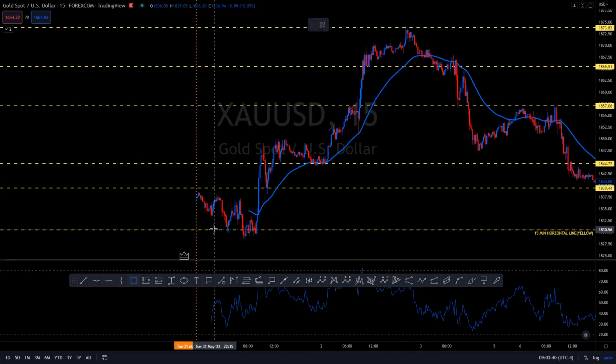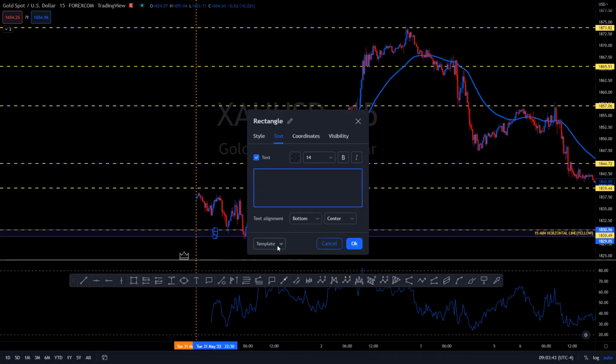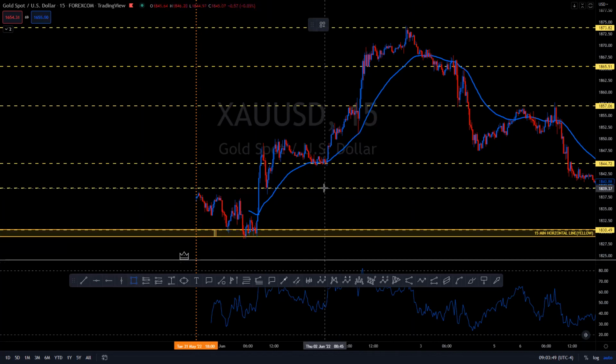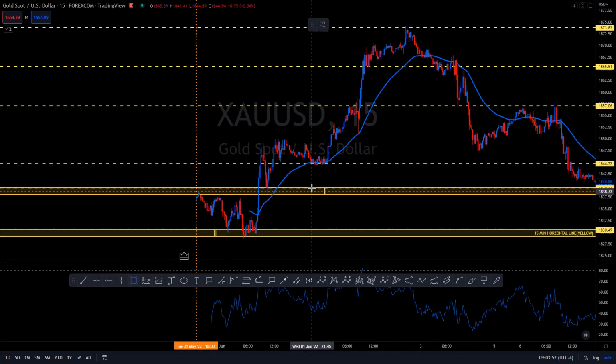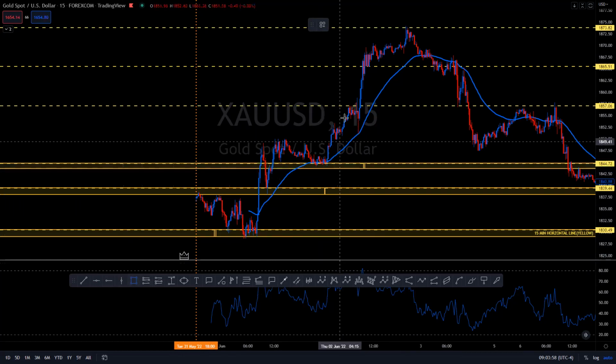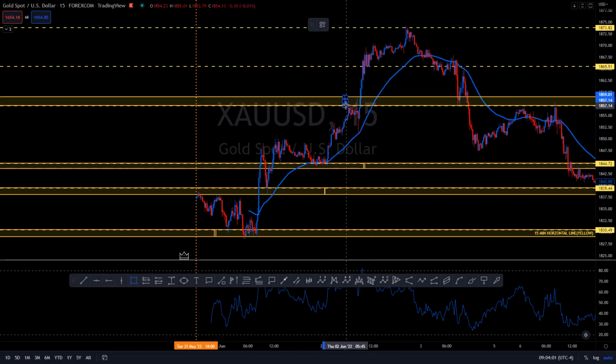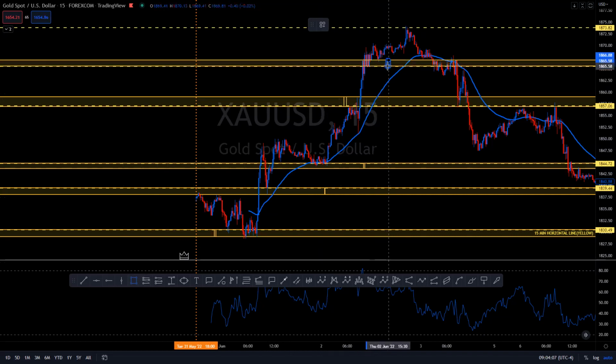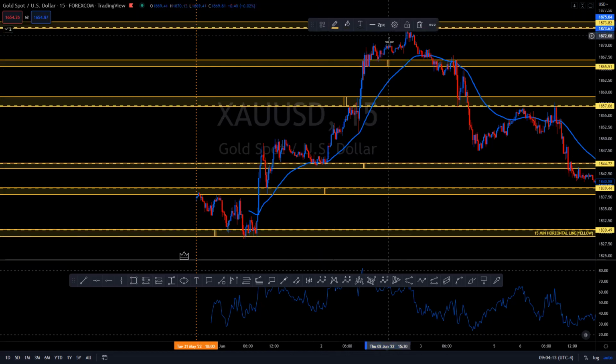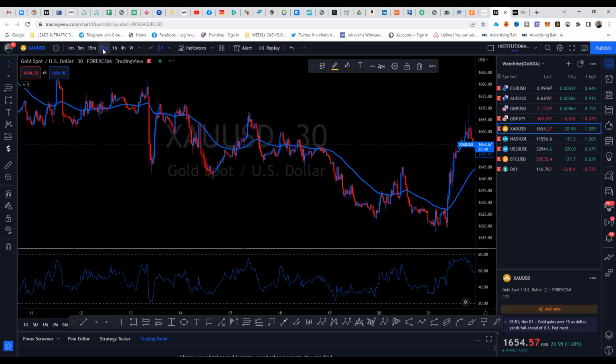So we're going to go ahead and mark up our zones in these areas. Now we're going to move on to the 30-minute time frame to do the same exact thing.